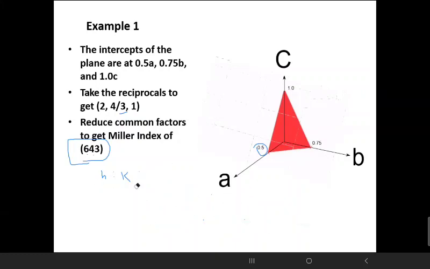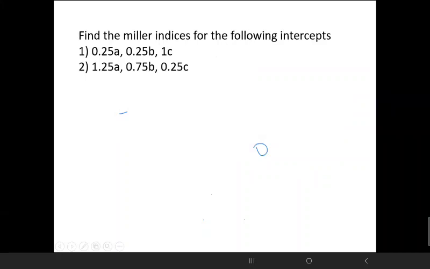Do you have any doubt about this? Okay, now it's very easy. I'm going to give some intercept points. Find the Miller indices for the following intercepts. I'm going to give these questions to you. You have to find the answers for the first and second.